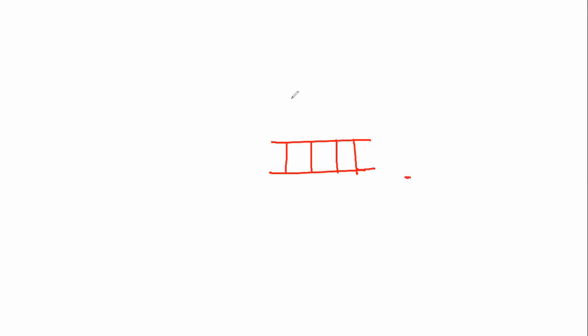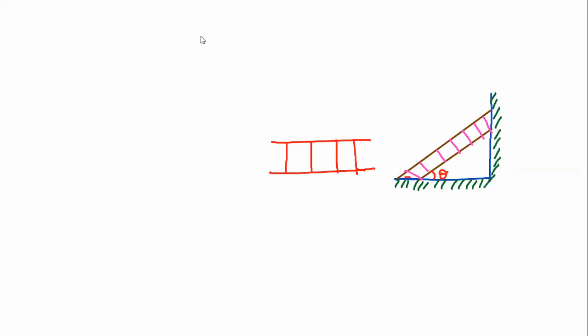Then when we want to lift it to the vertical position and hold it against a wall at an angle theta, we have to keep it against a wall at an angle theta.